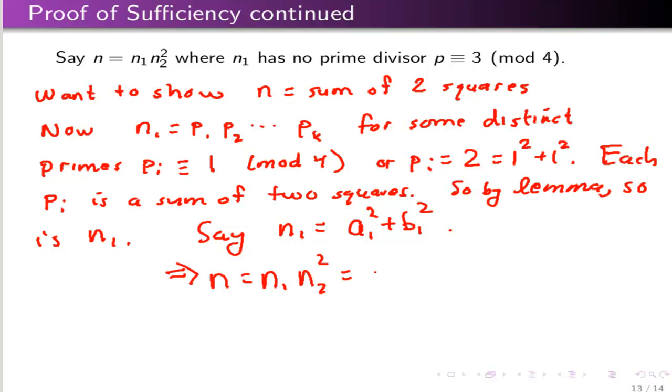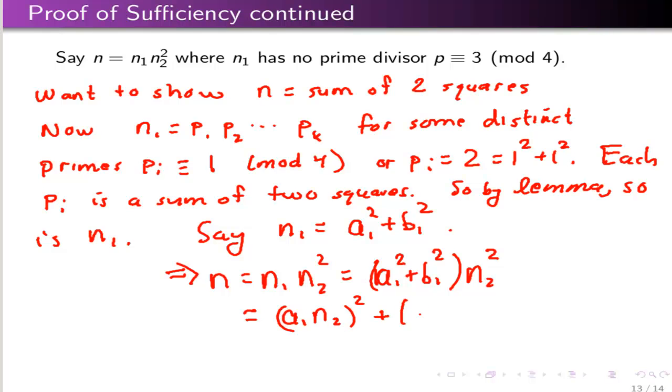So that's a1 squared plus b1 squared times n2 squared, and everything inside is going to be a perfect square. So you'll get a1 times n2 squared, a whole number squared, plus b1 times n2 squared. QED. n is a sum of two squares.